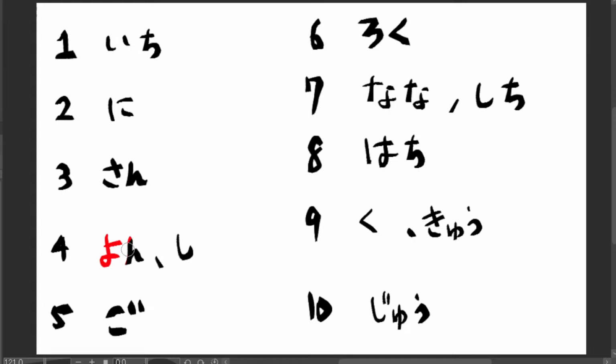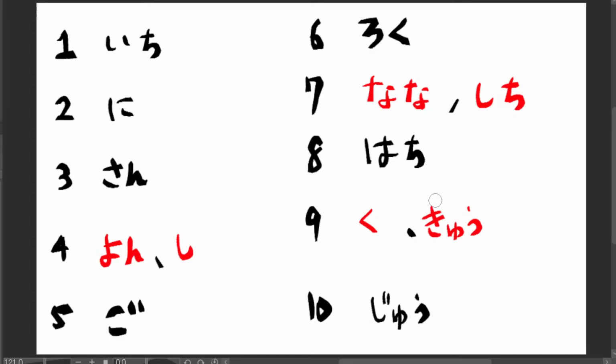You can say 4 as yon or shi, 7 as nana or shichi, and 9 as kyuu or ku. So this is how you say the numbers in Japanese from 1 until 10.